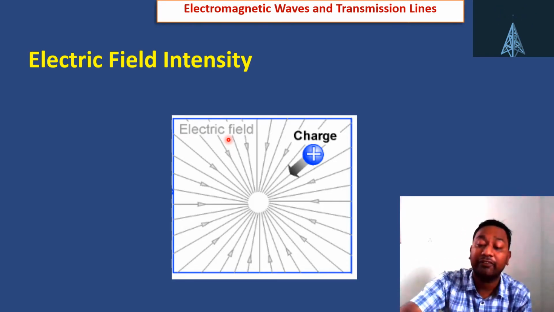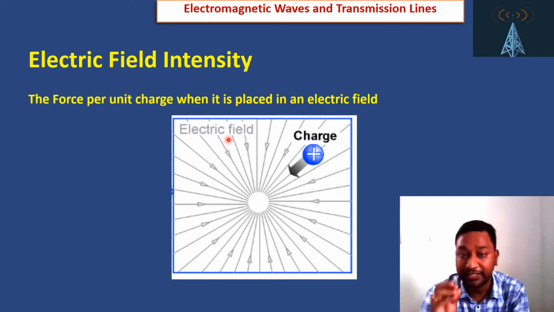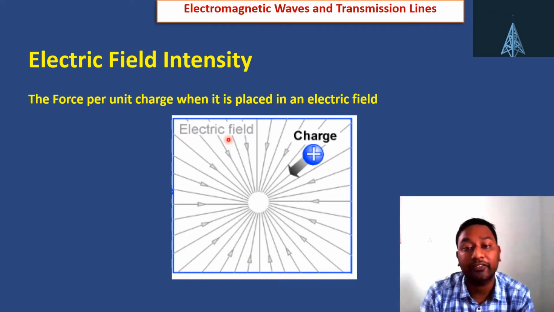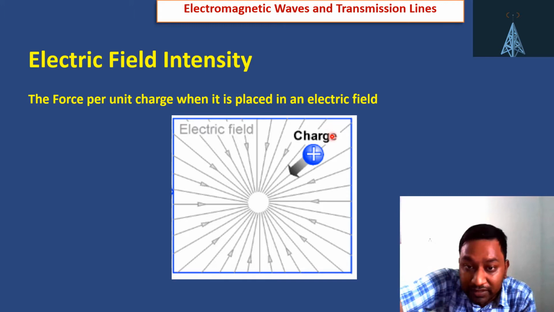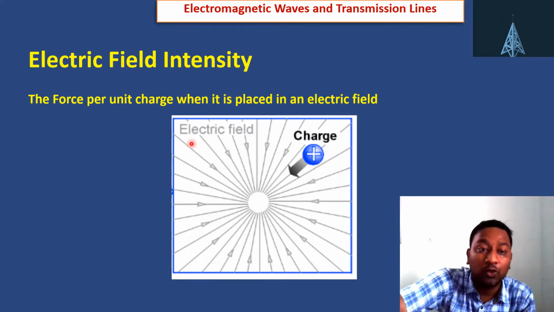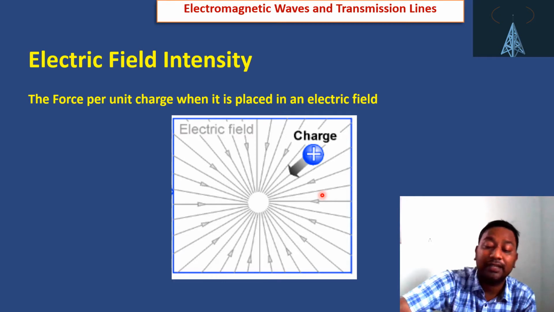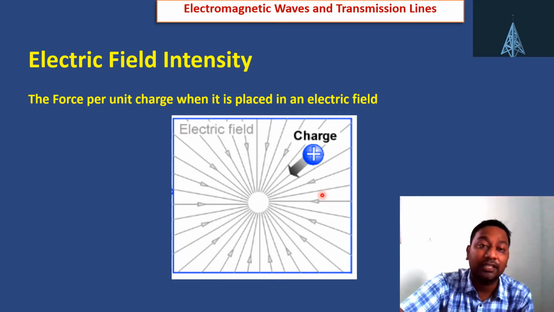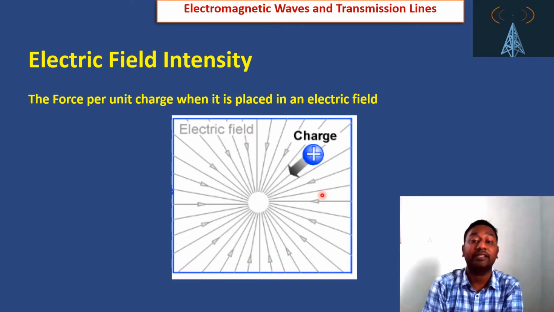It is the force per unit charge when it is placed in an electric field. If a unit charge is there, how much force it experiences at that particular point is called the electric field intensity. So that is the definition of electric field intensity.